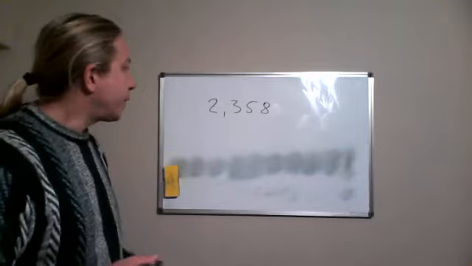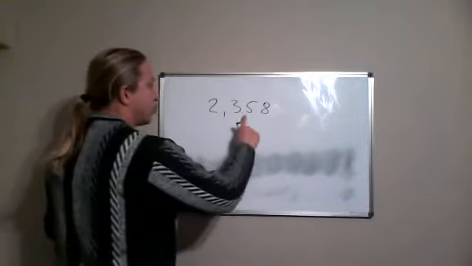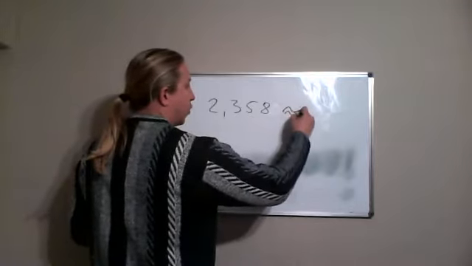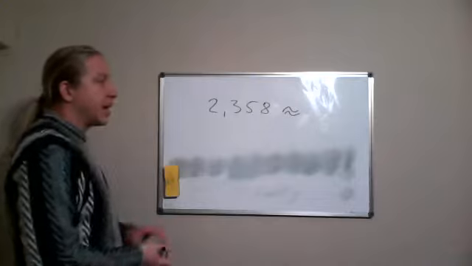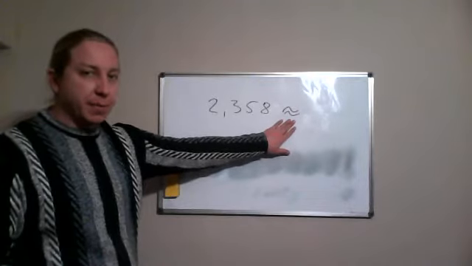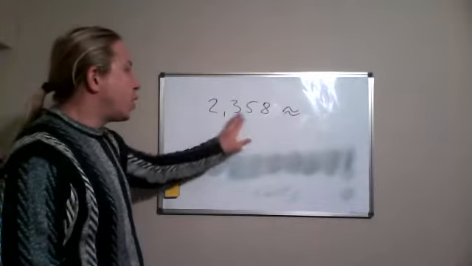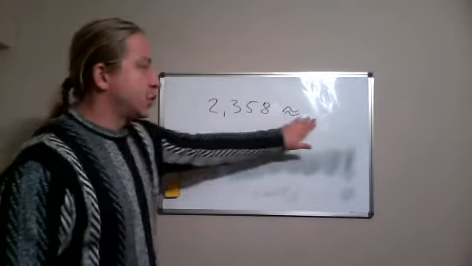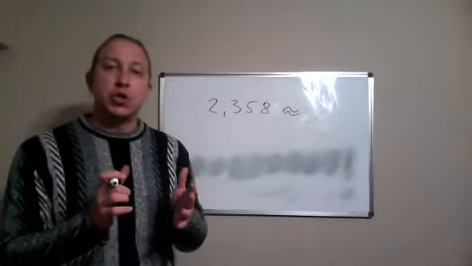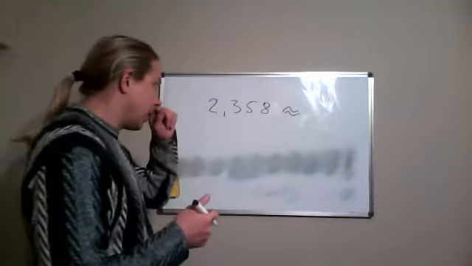Okay? So if we round off this to 2 decimal places, this will be approximately equal. Now, these wavy equal signs is an approximation symbol, right? Because when we round off, this number does not equal the rounded off number because we obviously made the number smaller or bigger, okay?